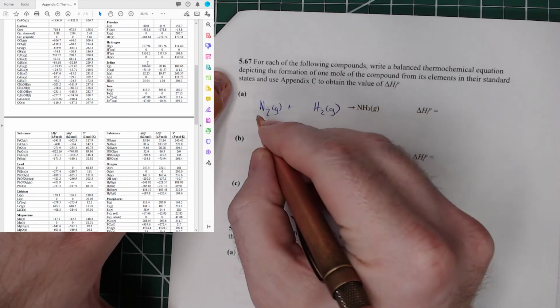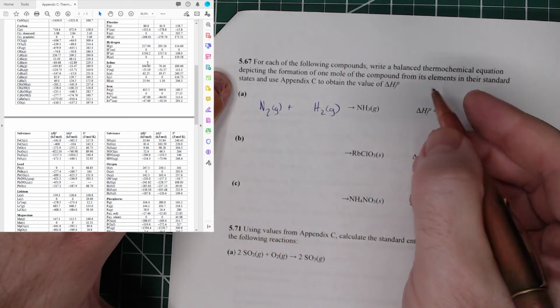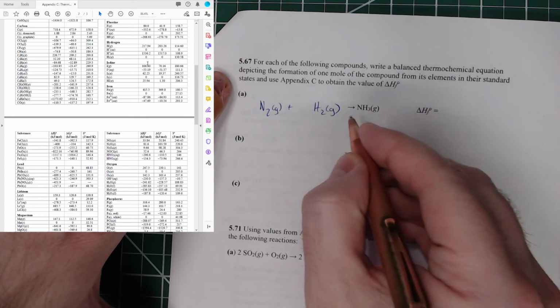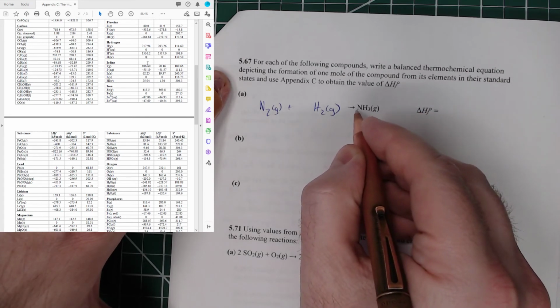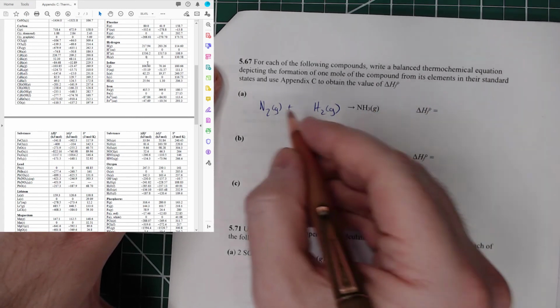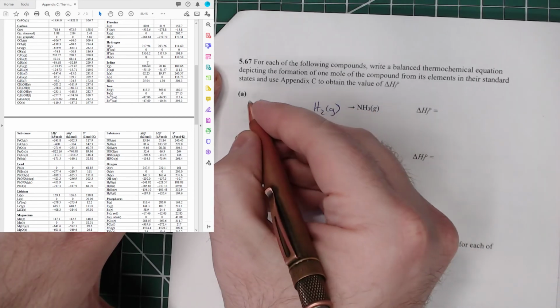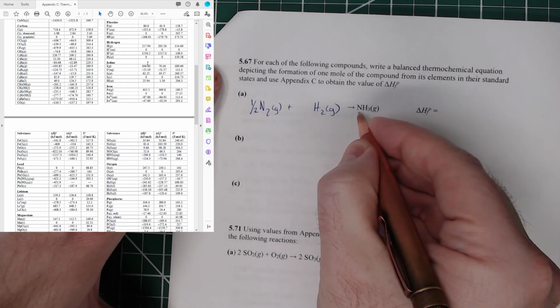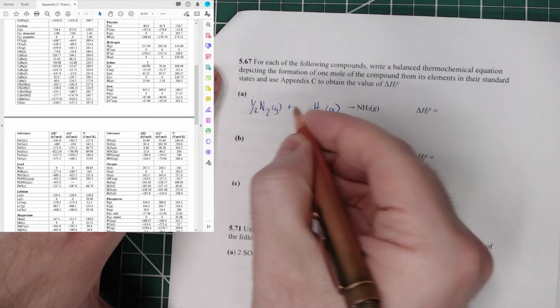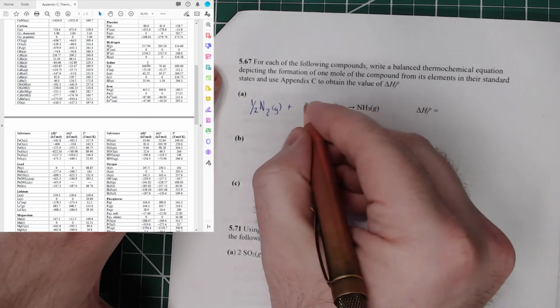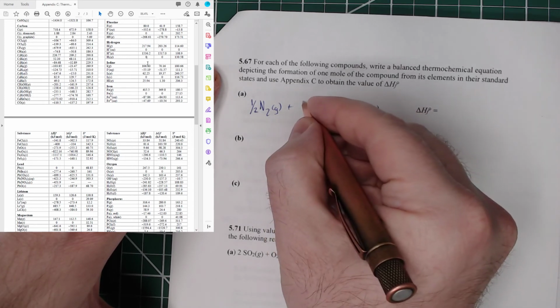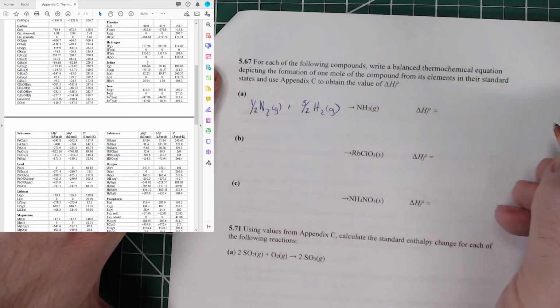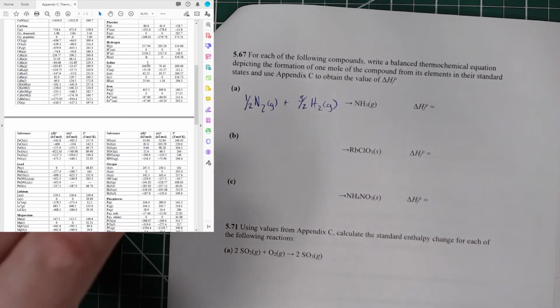So here, nitrogen N2 has an enthalpy of formation of 0. The other thing is that the coefficient for your product has to be 1. That may mean that you have fractional values over here, and we'll definitely find that that is the case, that in order to get 1 mole of nitrogen atoms, we need half a mole of nitrogen molecules. Similarly, for the hydrogen, we're going to need 3/2 of a mole for that.